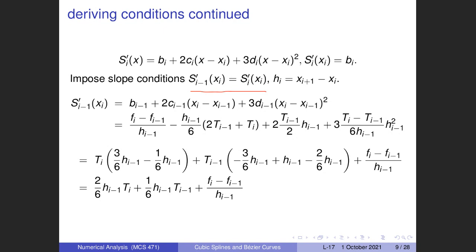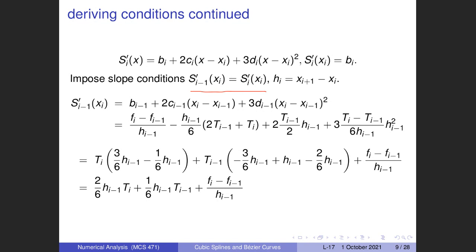So the fact that all these pieces look so smooth is because we have imposed these slope conditions. So the tangents actually agree. Or in another way of saying it, at point xi there is no discontinuity. The limit at the left is the limit at the right.